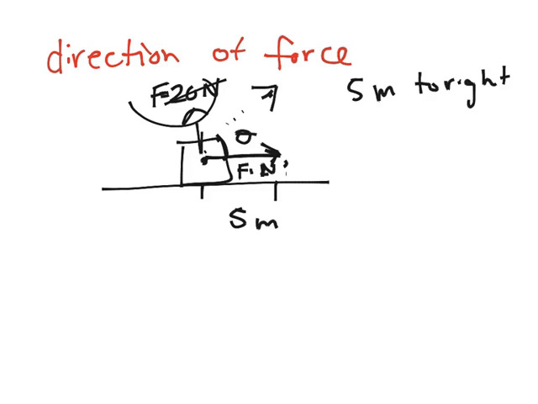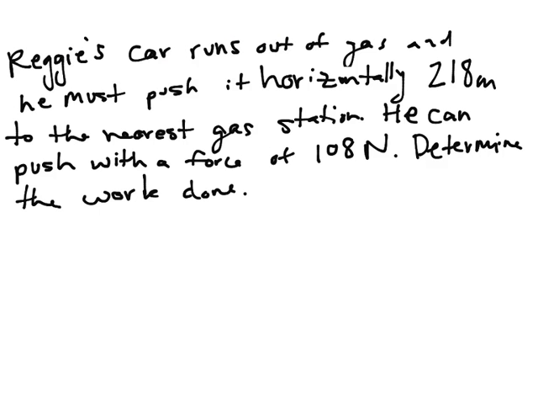If you're moving it to the right, force must also be to the right. If you're moving it up, force must only be counted from the up force. So we will have to occasionally break these apart. Alright, so read through the problem, you can draw a picture, and then try to solve using the formula from the previous notes.